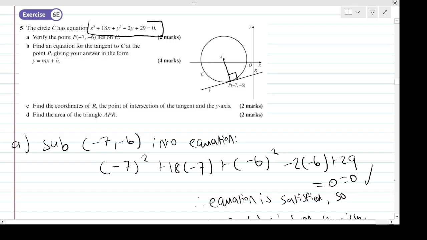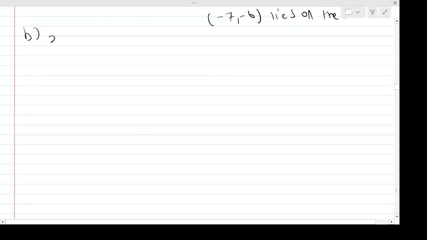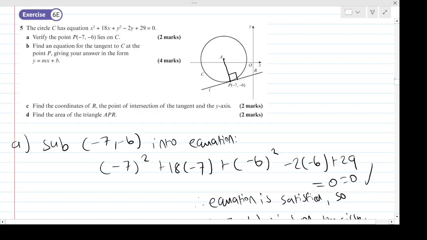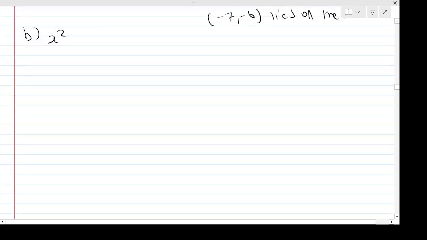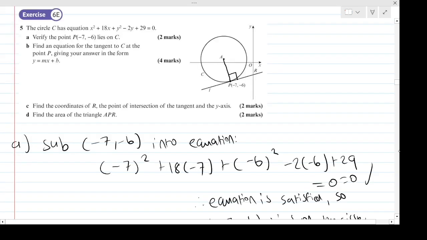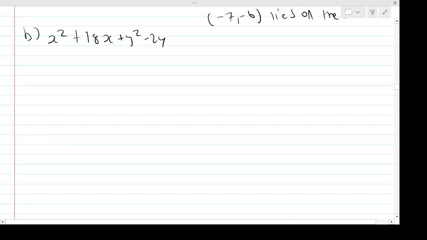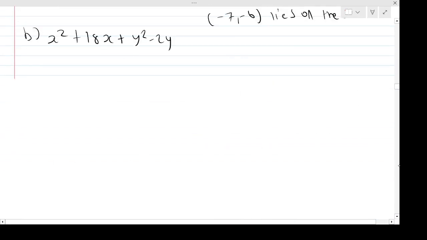But we can work it out because we can get this equation of the circle into the form we're used to by completing the square. We looked at examples like that previously. So if I copy that down, I have x squared plus 18x plus y squared minus 2y plus 29 equals 0.